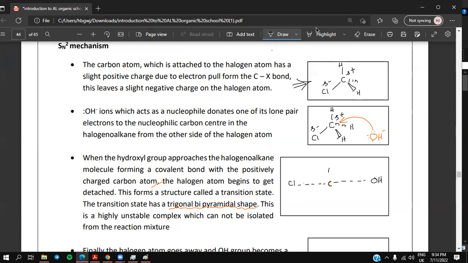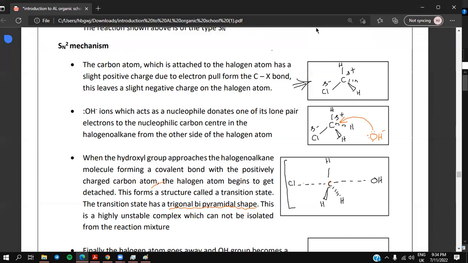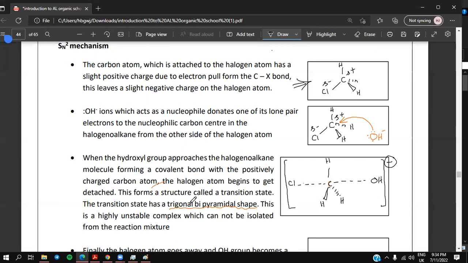I said the 3 hydrogen atoms attached to the alpha carbon are going to be arranged in a planar manner. Hydrogen here, hydrogen here. Draw big parentheses, and show the negative charge outside. This is a trigonal bipyramidal shape.